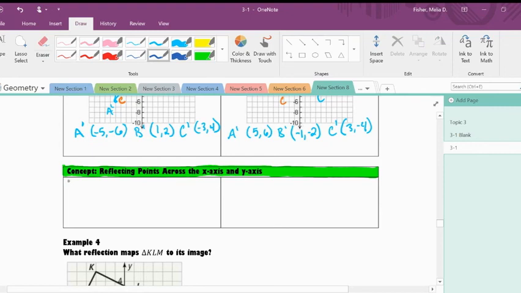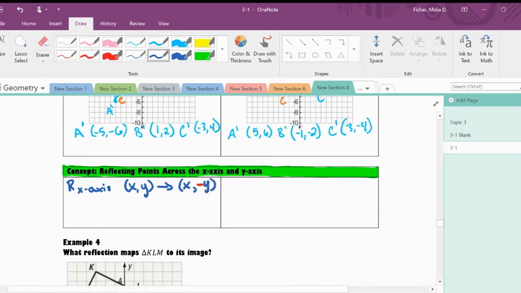So reflecting across the x-axis, (x, y) becomes (x, -y).